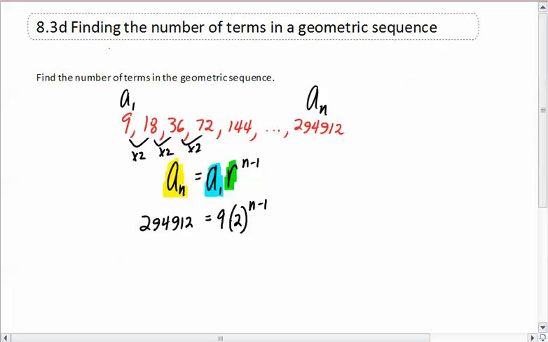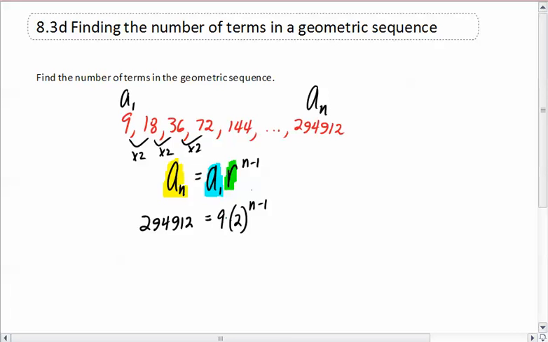Now, the tendency is for people to want to multiply the 9 and the 2. You cannot do that. The reason we can't do that is PEMDAS tells me that I must use the exponent before I multiply. And so I can't multiply the 9 and the 2.